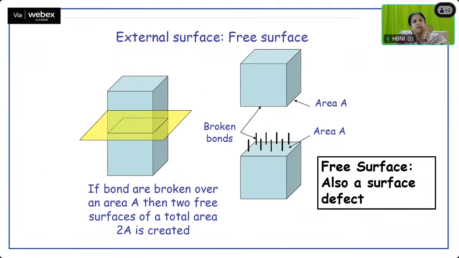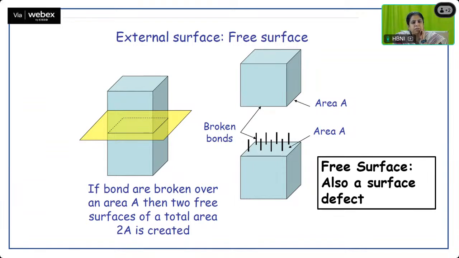First of all, the surface of the crystal itself is a 2D defect. Why is it? Because let's say I'm talking of cubic close packing. And we talked about it that in cubic close packing, every atom is surrounded by 12 neighbors. The coordination number is 12. But the atoms that are lying on the surface do not have their coordination number of 12 completed, because there is no layer of atoms on the top.